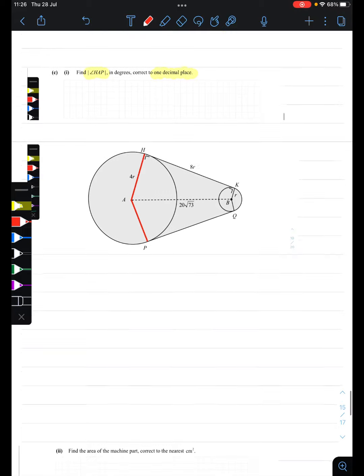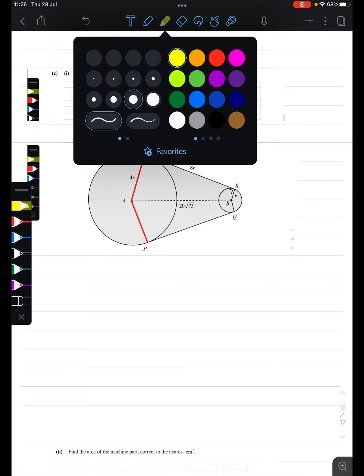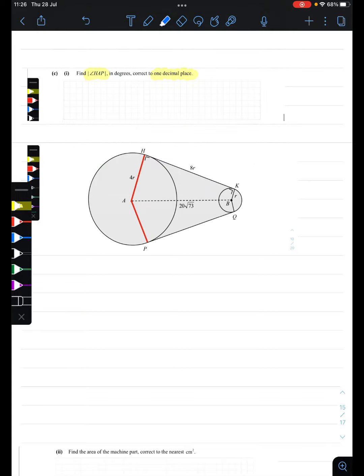Okay. And now the trick of this question is to notice that this quadrilateral that we've just worked with is the same or identical to this quadrilateral. These two quadrilaterals are the same, so the shape is symmetric.